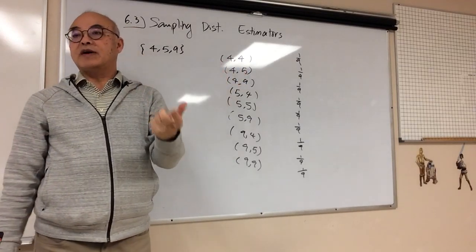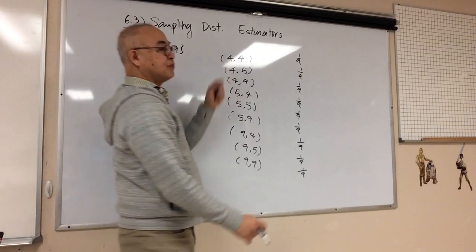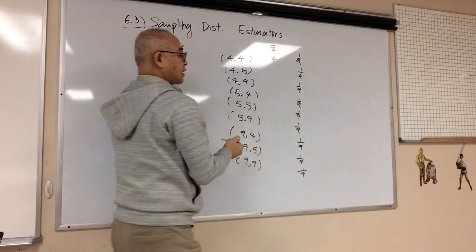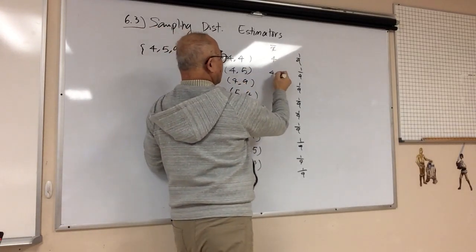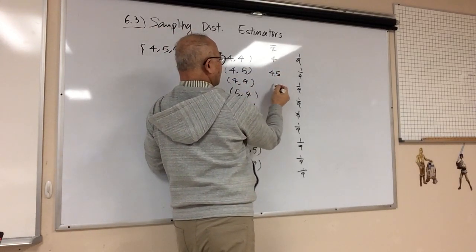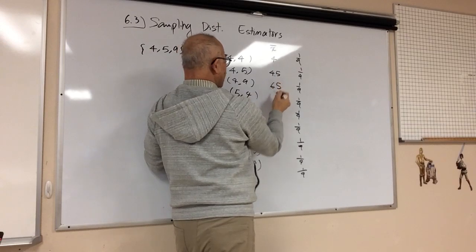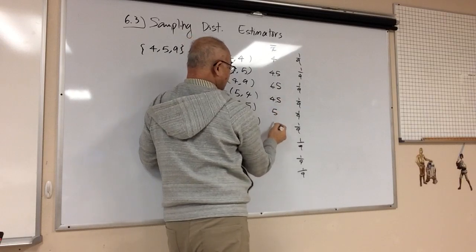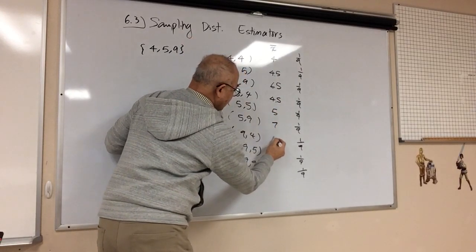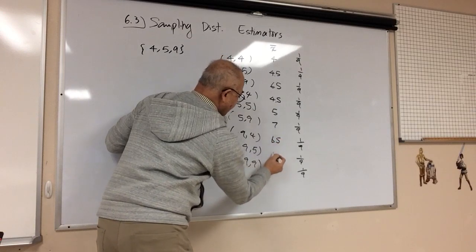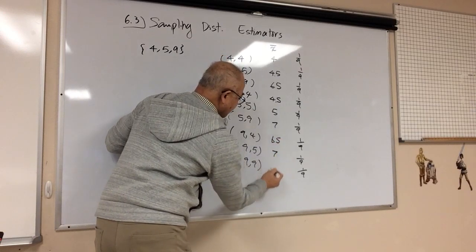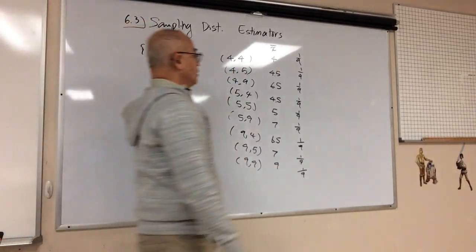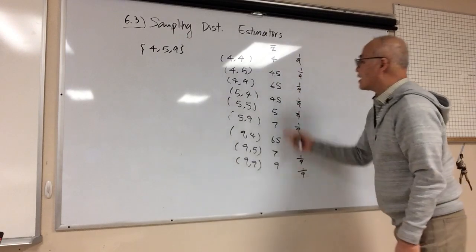I would have to add the 2 and then divide by 2, correct? 4 plus 4 is 8, divided by 2 is 4. So this is the sample mean. What is the mean here? 4.5, 6.5, 4.5, 5, 5, 6.5, 6.5, 7, 7, 9. Correct?